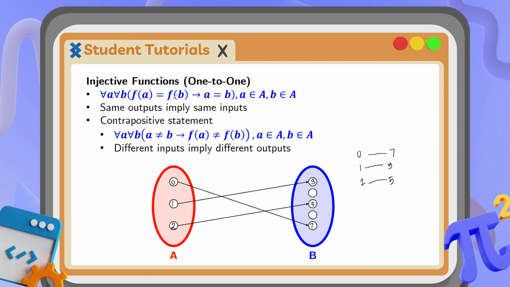And based on our definition, for all elements A and B, if the outputs are equal, then that means that the inputs are the same. Contrapositively, which would be more applicable for this case, if our inputs are not the same, so should their outputs. And if we try applying this statement over here, notice how the outputs are not the same for every input. Therefore, we can say that this function is injective.